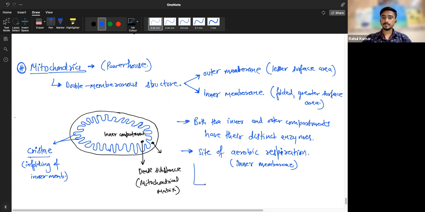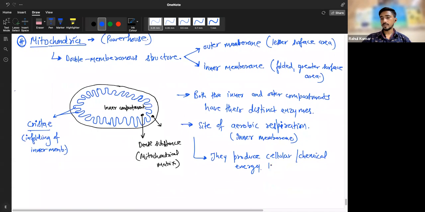What happens is they produce cellular energy, which is also called chemical energy, known as ATP. Now, do you know what is ATP?